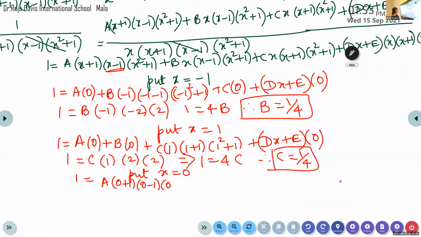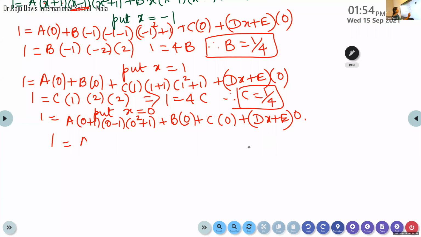So everything will become 0. So we get 1 is equal to a into 1 into minus 1 into 1. So that is 1 is equal to minus a. Therefore, a is minus 1.